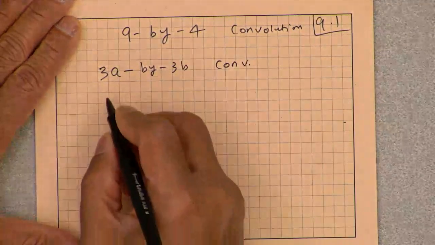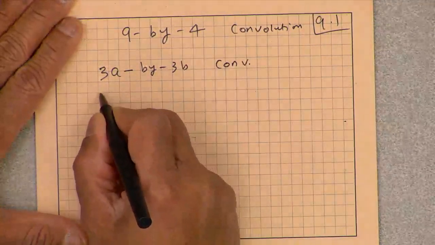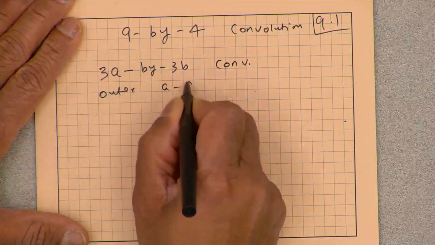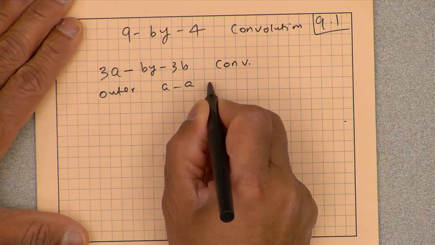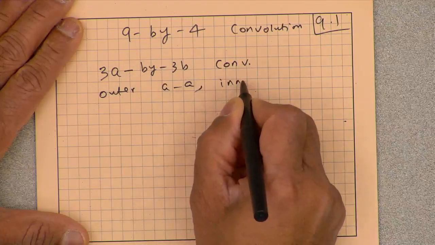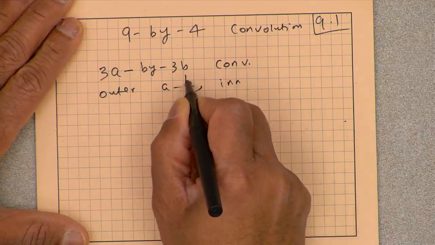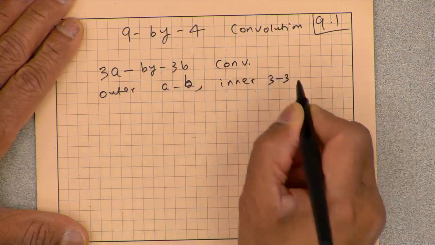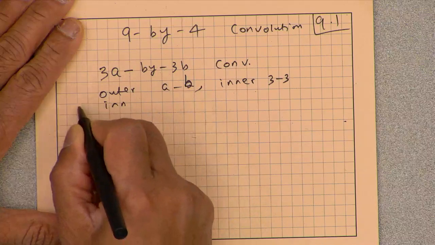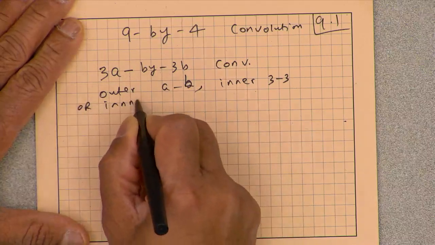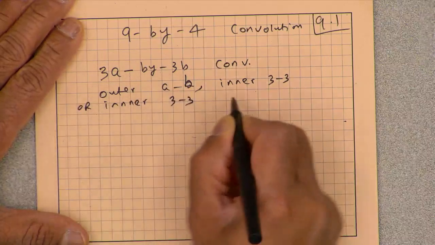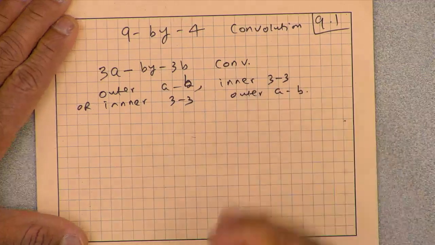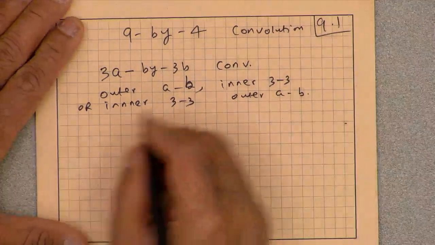Then I could do that as outer a by a and inner a by b and inner 3 by 3, or inner 3 by 3 and outer a by b. So either way, let's take an example.